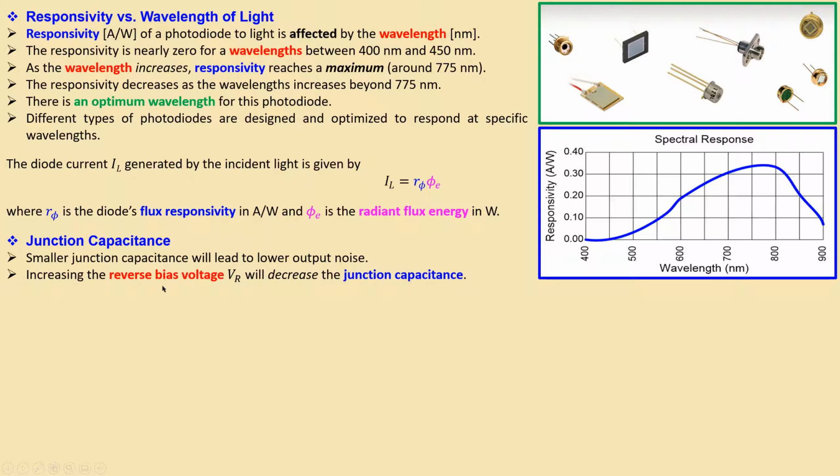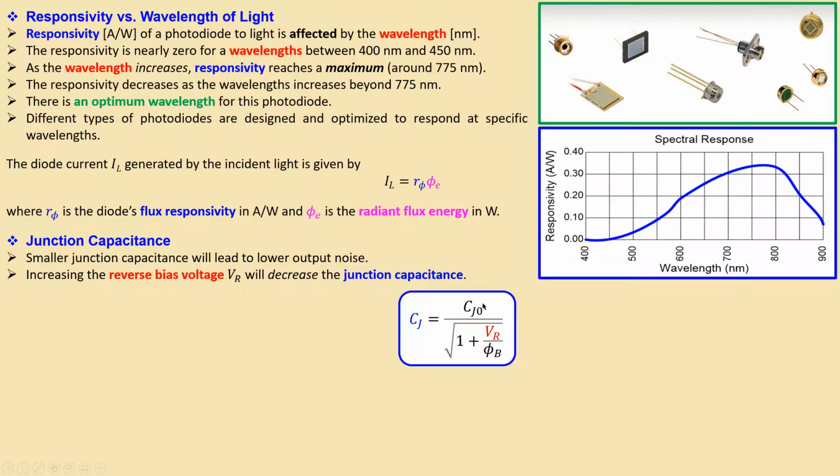Increasing the reverse bias, because the photodiode is operating in reverse bias, that's the VR, will decrease your junction capacitance, which is good in terms of noise. That is given by this expression. So junction capacitance, C sub J, is given by this formula, with the zero bias junction capacitor given by this.